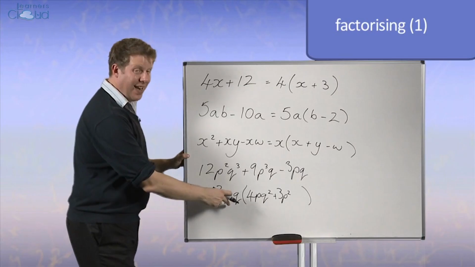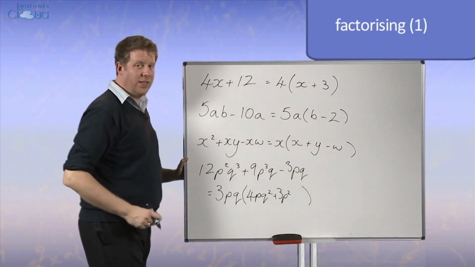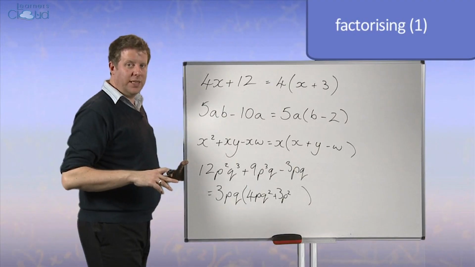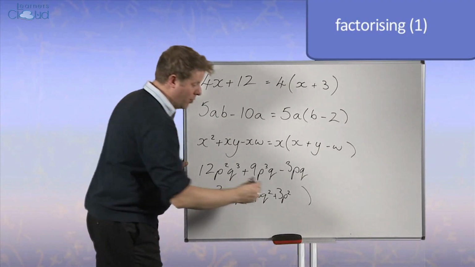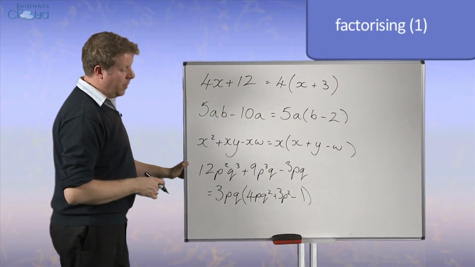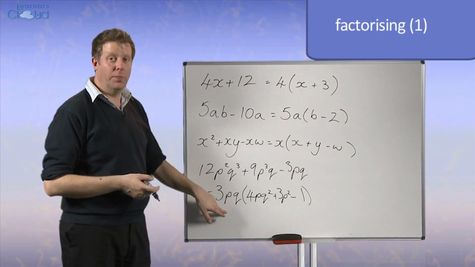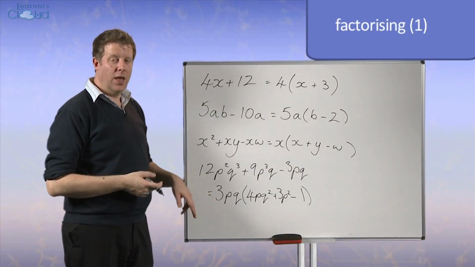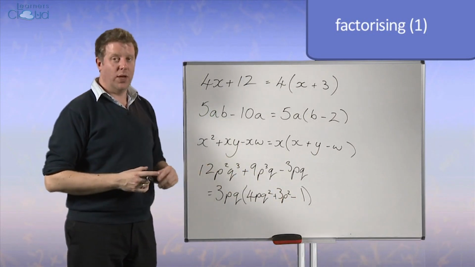Well, I've actually taken out 3pq, so I've taken out everything that was in that term. That doesn't mean the term disappears. It does, in fact, mean I just write 1 in the bracket. So that will be subtract 1. Remember, you can't make the term disappear because you've taken out all parts of it out of the bracket. Otherwise, it wouldn't exist anymore. We have to show that it's still there by writing the number 1.